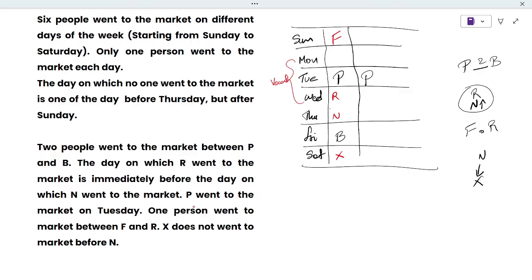One person went to the market between F and R. It's mentioned one person, not one day. So between F and R we have one person, and we can say this is vacant. So yeah, this is it. That's the answer. Alright, thank you.